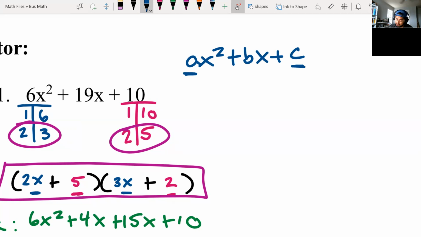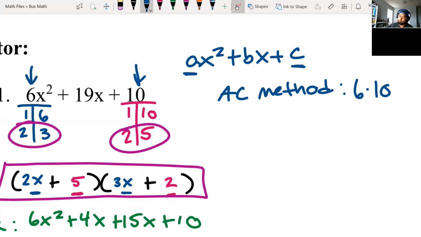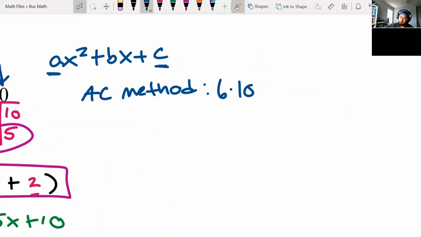So with the AC method, we take whatever A is and multiply it by C. So in this case, our A value is 6 and our C value is 10. So that's what we're going to do here. We're going to say 6 times 10. All right. And then we know that's going to give me 60.